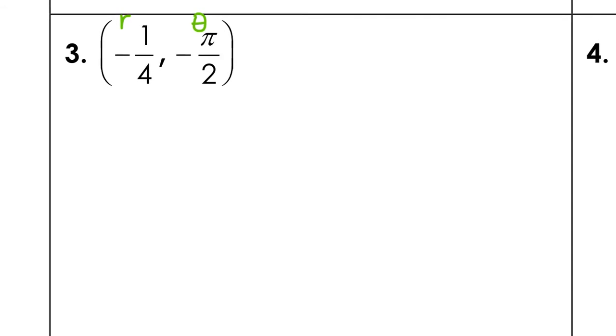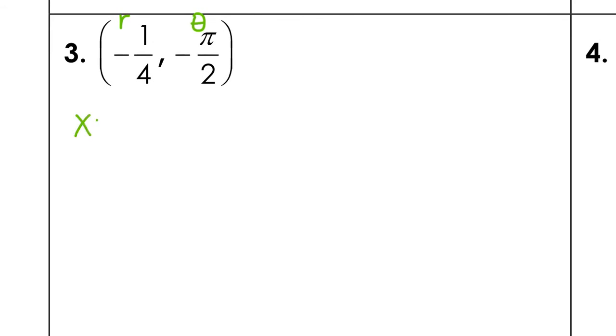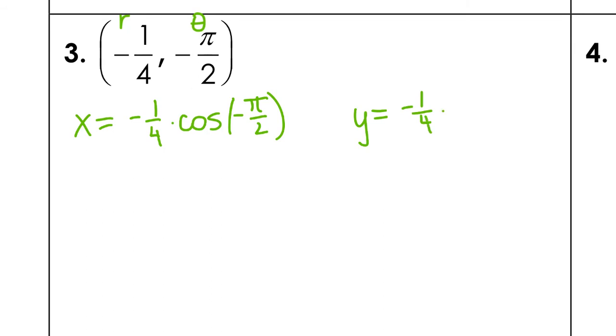So following the equations, x is equal to negative 1/4 times the cosine of negative pi over 2. y is going to be equal to negative 1/4 times the sine of negative pi over 2. So negative pi over 2 is the angle that we need to find the value for. We need both cosine and sine.